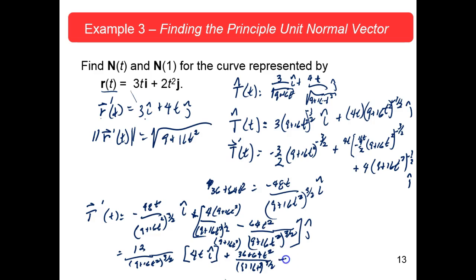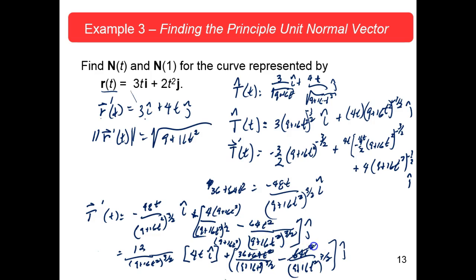Okay, minus 64t squared. I see how it's happened now. 64t squared over 9 plus 16t squared to the 3/2. And that's times j. Okay.